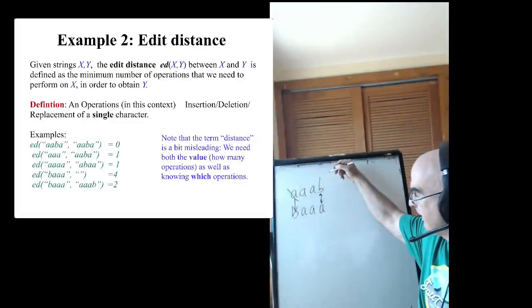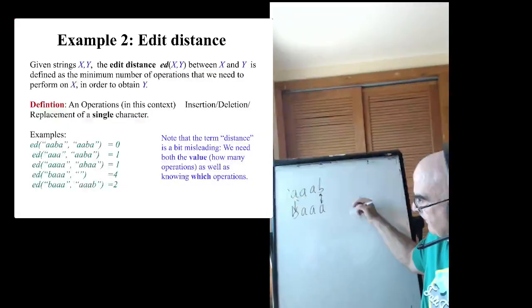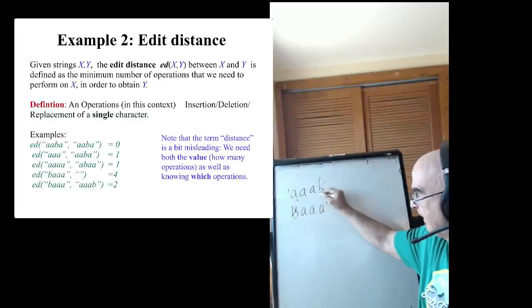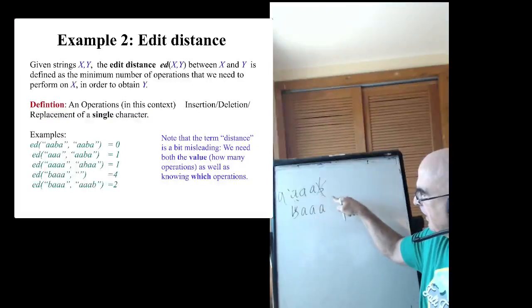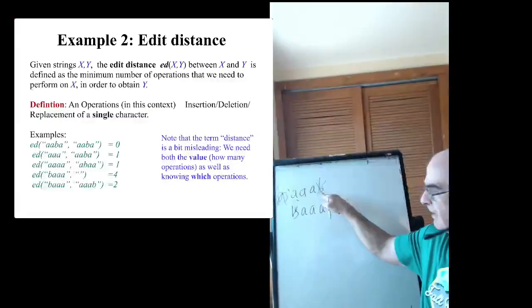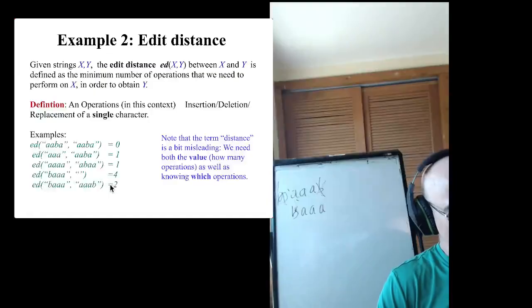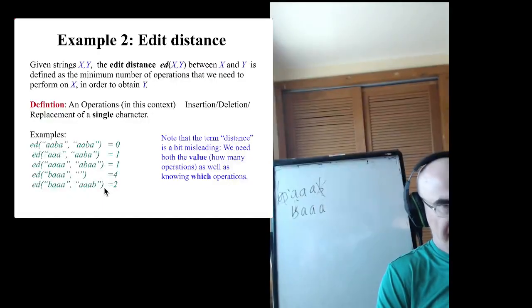Alternatively, I can delete this B and insert one B at the beginning, one deletion and one insertion, another way. You can find a few different processes, but all of them require two operations, so the distance from this to this is 2. Cool with everybody?